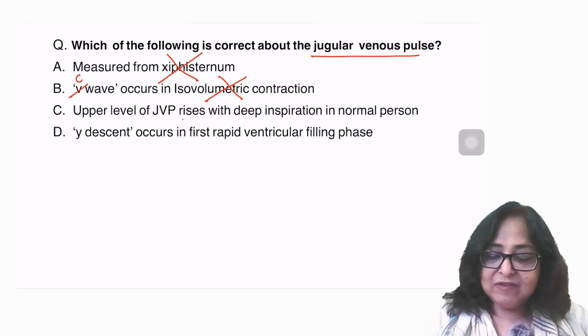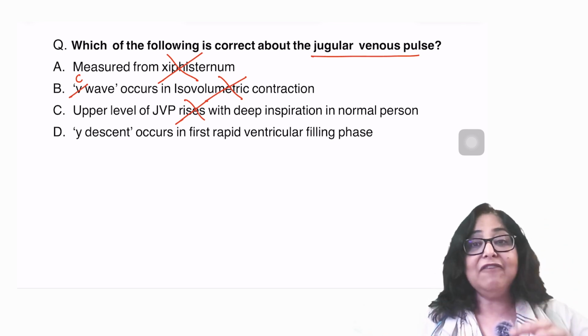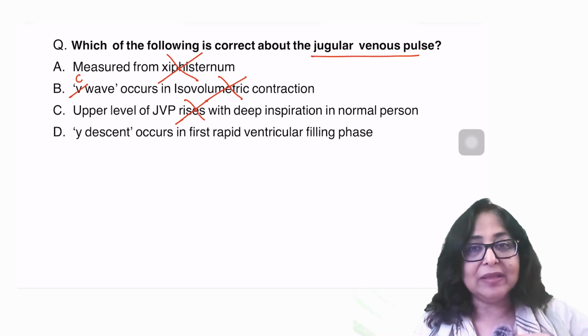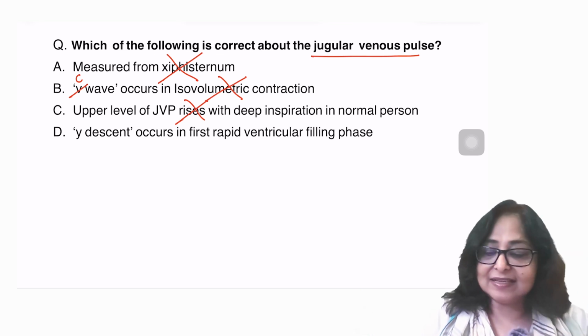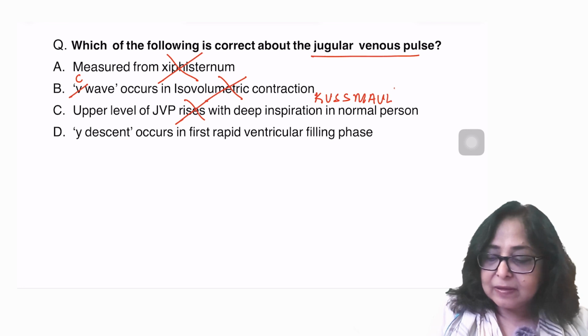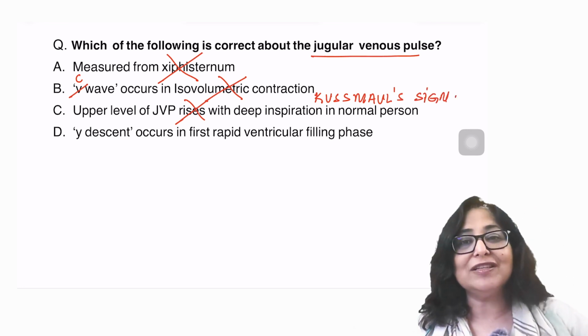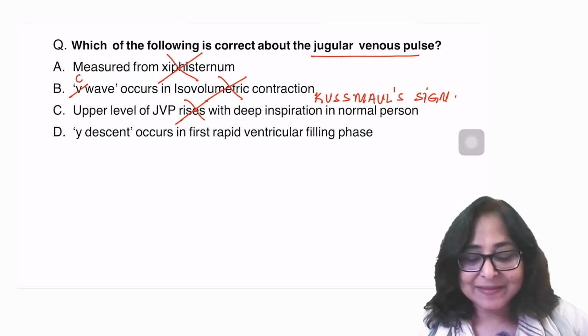Upper level of JVP rises? No, it falls with deep inspiration. If it does not fall with deep inspiration or rises, then we call it Kussmaul sign. And Kussmaul sign is typically seen in a patient of constrictive pericarditis.